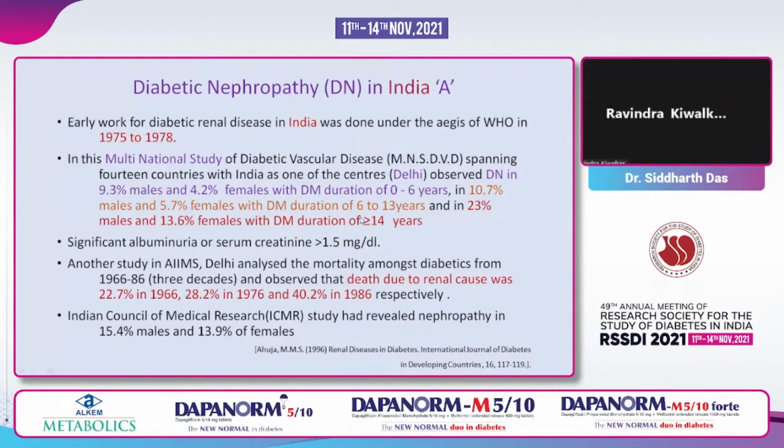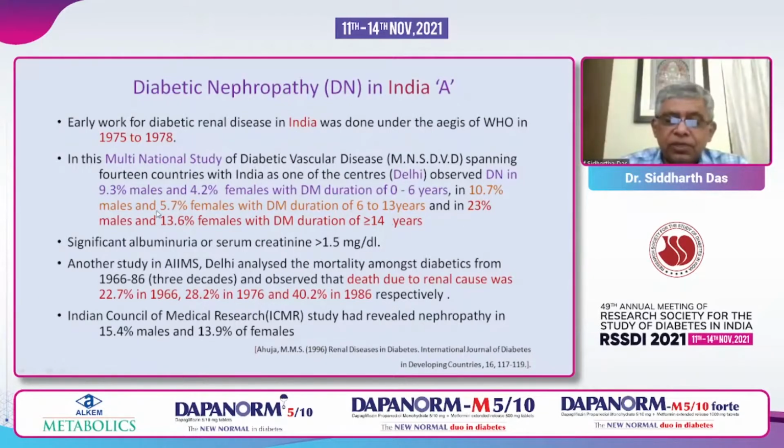Duration between 6 and 13 years was 10.7% and 5.7%, and duration more than 14 years was 23% in males and 13.6% in females, with significant albuminuria or serum creatinine more than 1.5 milligram per deciliter. Similarly, another study on mortality from AIIMS showed that death due to renal causes was 22.7% in 1966, 28.2% in 1976, and 40% in 1986. ICMR also showed similar prevalence of diabetes in other parts of the country.